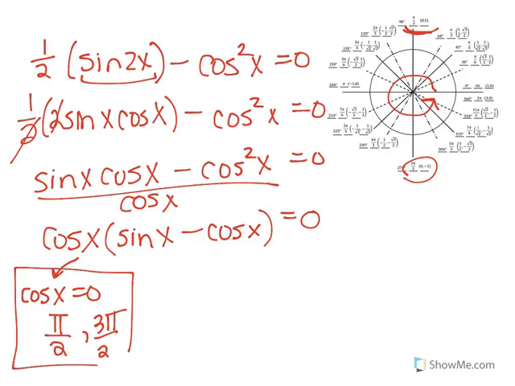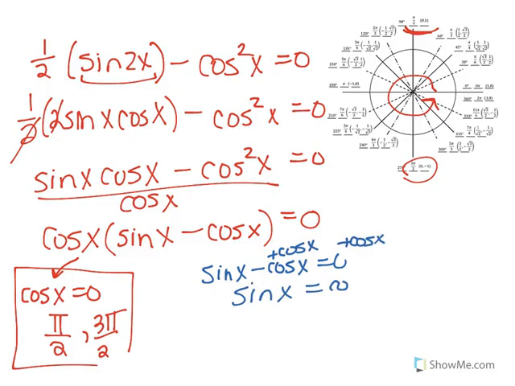Next answers, we have sine x minus cosine x equals 0. I'm going to move the cosine x to the other side. And we did do an example of this earlier. What I'm going to do here is divide both sides by cos x.